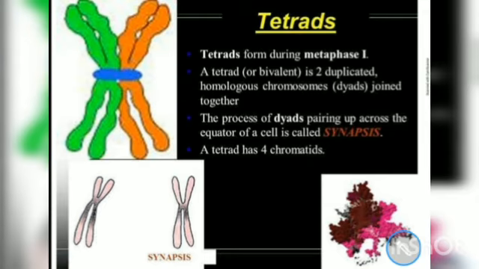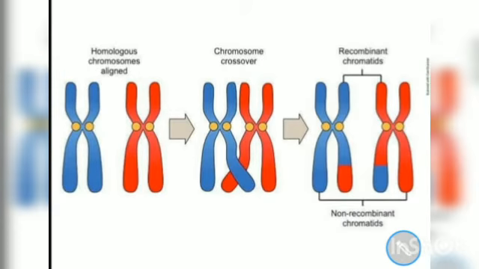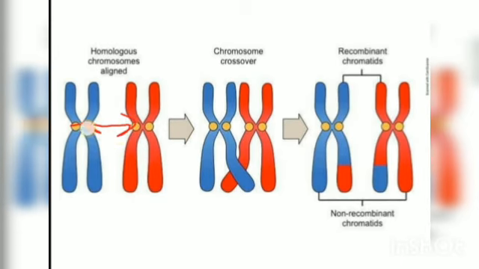Now look here. What is crossing over? When homologous chromosomes align together and come closer to each other, at that time what happens? The two non-sister chromatids, this chromatid and this chromatid, come closer to each other and coil around each other.